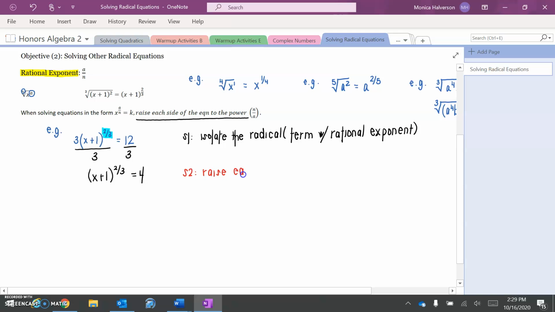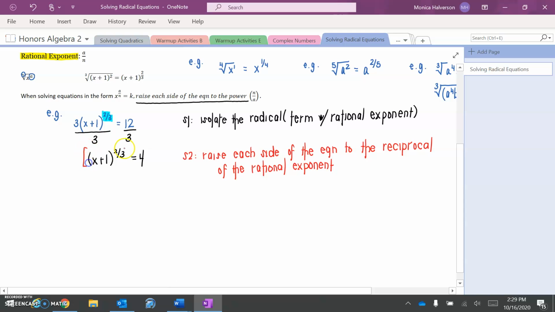Raise each side of the equation to the reciprocal of the rational exponent. So in this case, we're going to raise both sides to the 3/2.